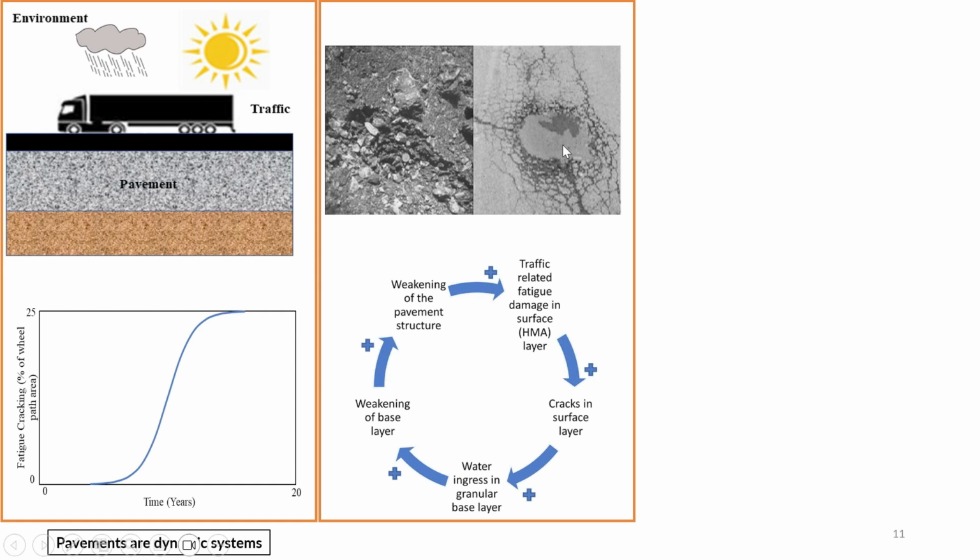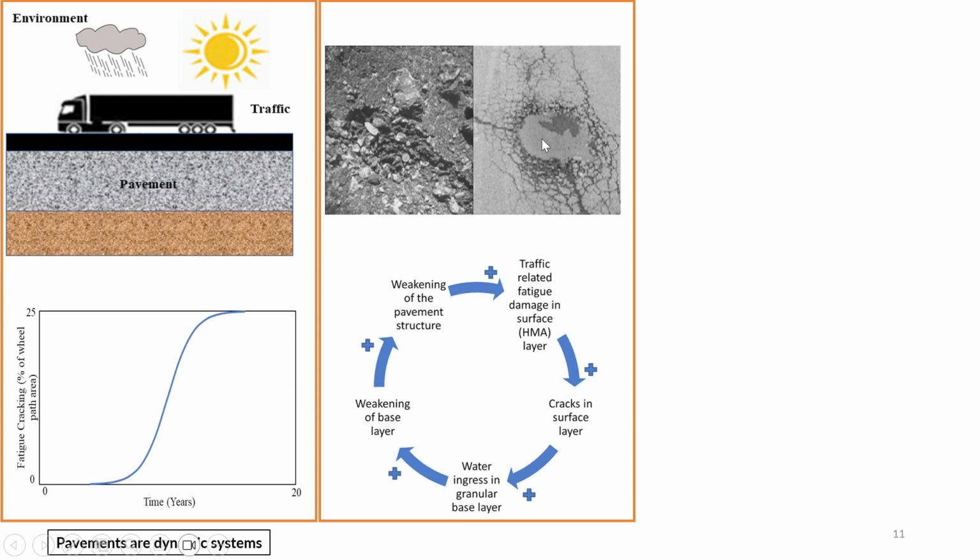They lead to the ingress of water into the system, into the lower system, right, in the base courses, which actually weaken the entire structure. And as a result, you have more cracks, which lets in more water, and you can see what's happening there, right? So the cracking progresses.